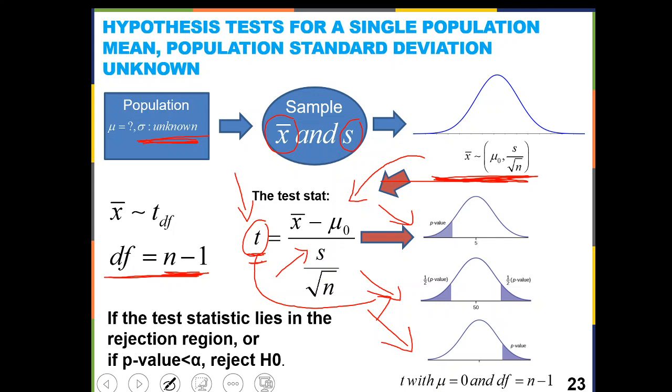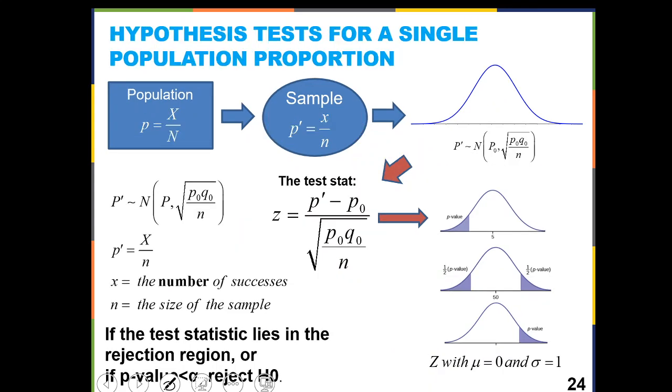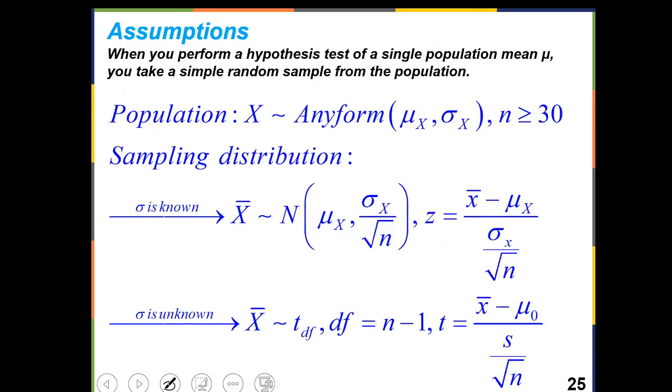That's what we're going to do. And if the proportion is the parameter, you take a sample, find p prime, convert it to z to test that, and for proportion it is always normal. We take that z, bring it here, and see where it falls. We either find the p-value or we do it with the rejection region. And again, we're going to do a few of these later.